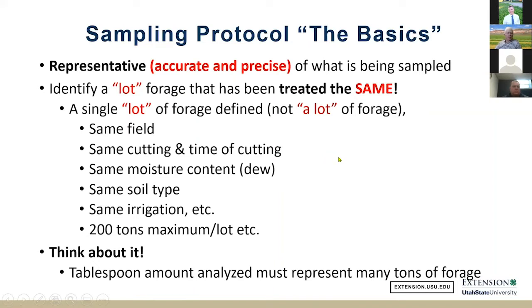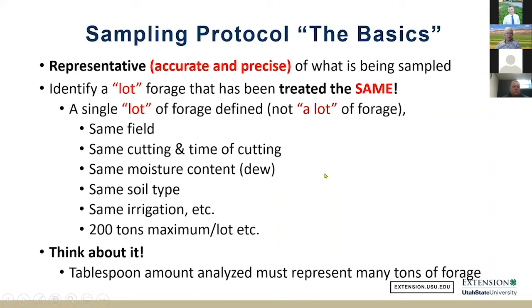Not a lot, but a lot, L-O-T. A lot of forage is forage that has been treated the same. In the case of baled alfalfa, it'll come off the same field. It's cut the same day, about the same time. It's baled the same day or about the same time of day with similar dew content. Soil type will be the same. Irrigation will be the same, etc.